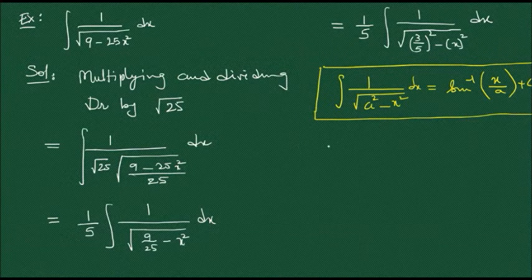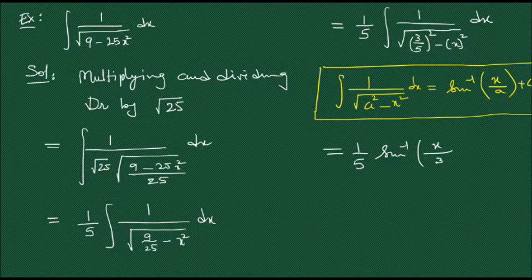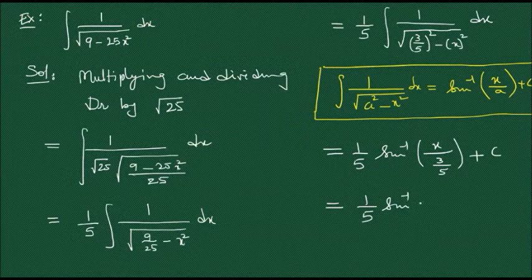Now, applying that, it will become 1 by 5 sine inverse x by 3 by 5 plus c. So on simplification, 1 by 5 sine inverse 5x by 3 plus c.